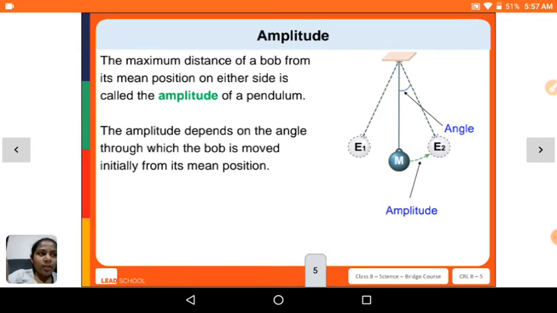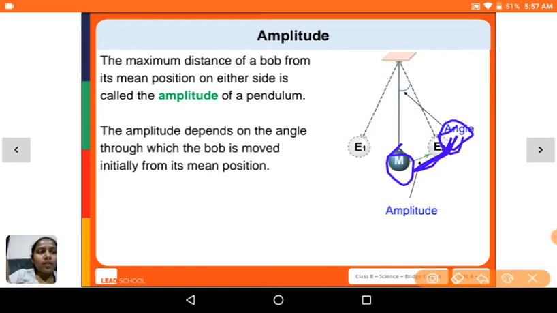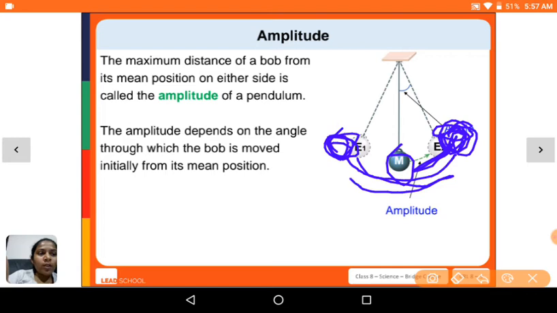If we see that from this point, this is the distance covered, the bob has this maximum distance. After that, here also the bob has this maximum distance, but after that it is going slowly and the distance is getting less.